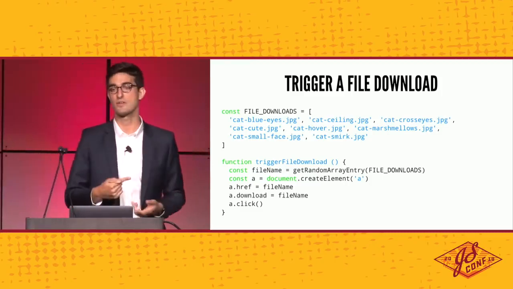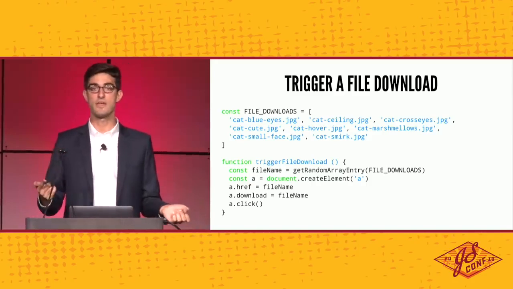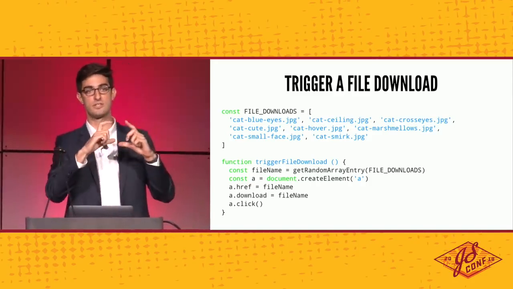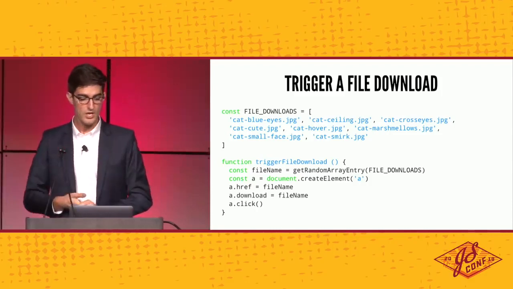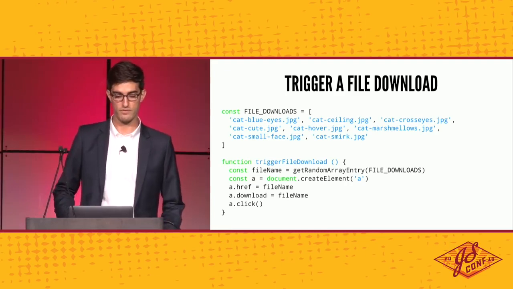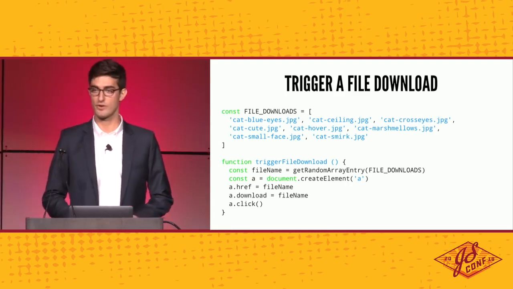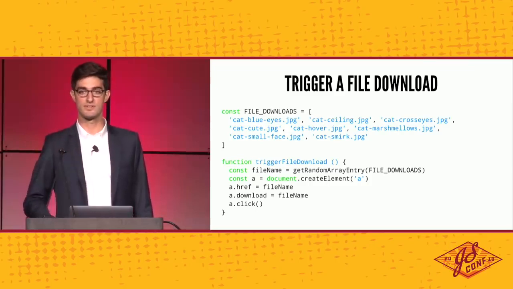But further file downloads have to happen in response to a user-initiated event, or otherwise the browser blocks them and asks the user, it says the site is trying to download multiple files. Would you like to allow it? So we can just call this right away and give them various cat pictures in their downloads folder. And remember, each pop-up window can do this.